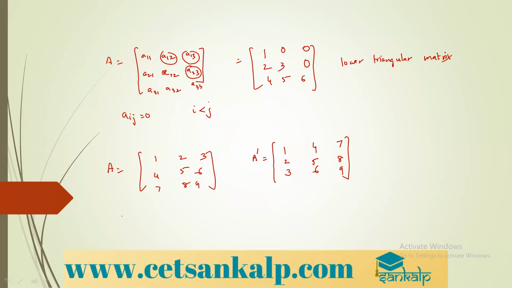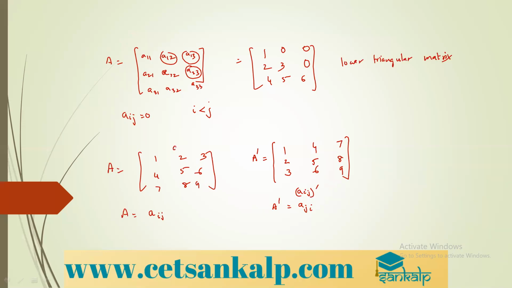That means if in A you have Aij elements, then in A dash you will have Aji elements. That means transpose of Aij is Aji.